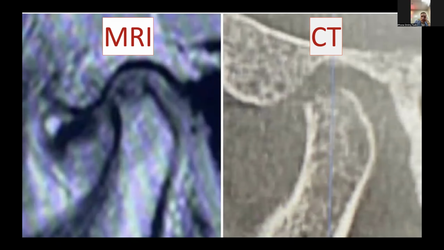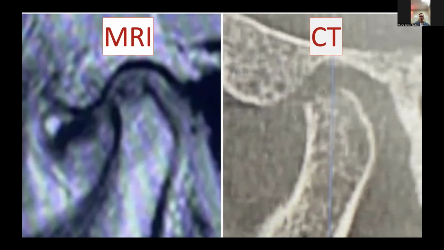So look at this. This is the same TMJ, one view by computer tomography, and the same TMJ viewed by MRI. Usually a simple dentist who doesn't use MRI in the working process uses only computer tomography, looks at this and thinks no problem, no pain, no click, all parameters look normal.